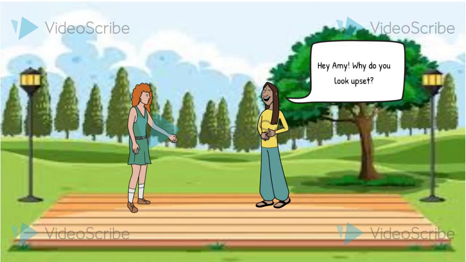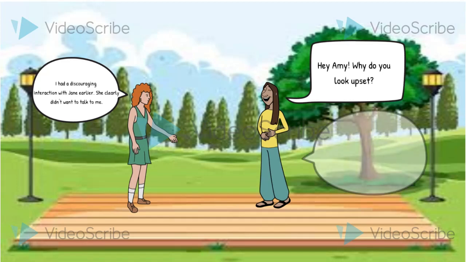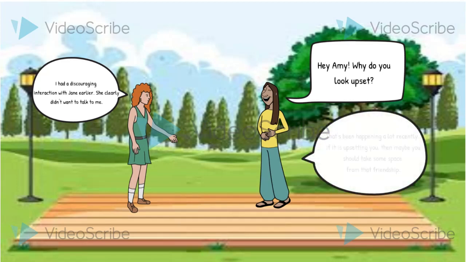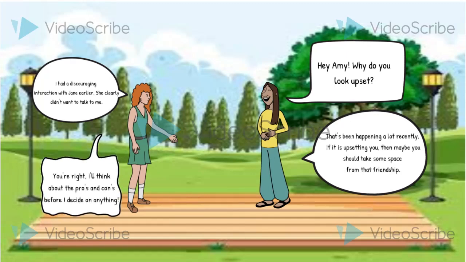Hey, Amy, why do you look upset? I had a discouraging interaction with Jane earlier. She clearly didn't want to talk to me. That's been happening a lot recently. If it's upsetting you, then maybe you should take some space from that friendship. You're right. I'll think about the pros and cons before I decide on anything.